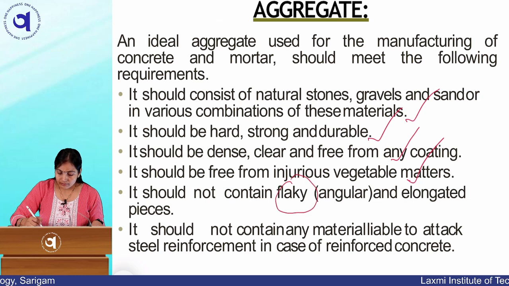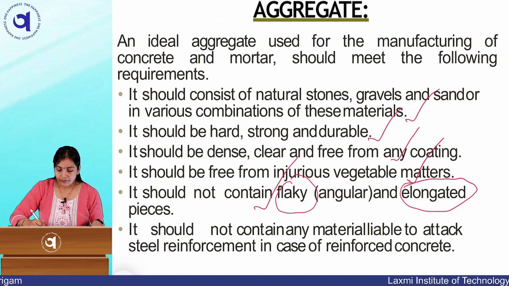Flaky and elongated shapes we have talked about before, so it should not be flaky or elongated, and it should not contain any material that attacks steel reinforcement in the case of reinforced concrete. Okay.